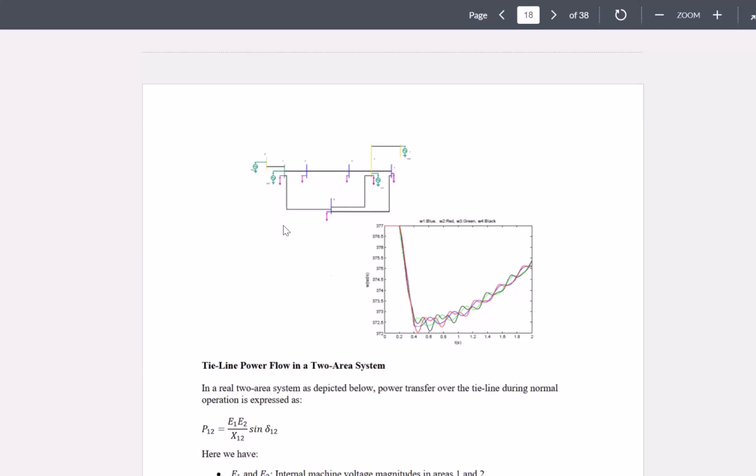If you look at the two generators on the left-hand side that are blue and red, you can see that the blue and red generator frequencies are oscillating in the reverse direction with respect to the two generators on the right-hand side, which are shown with the green and black colors, right? So this is showing coherent grouping of the generators.